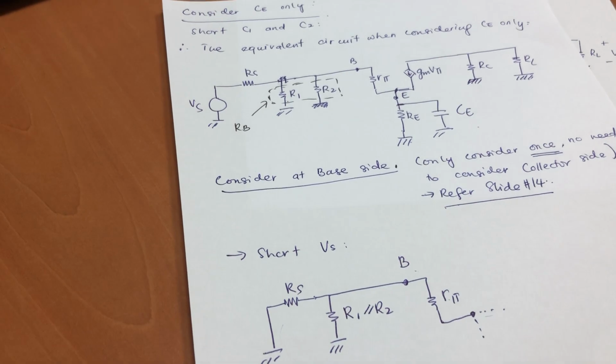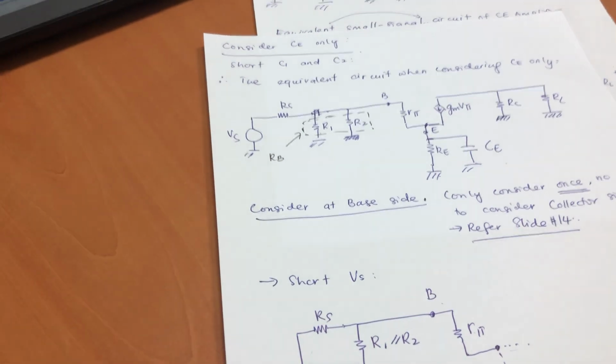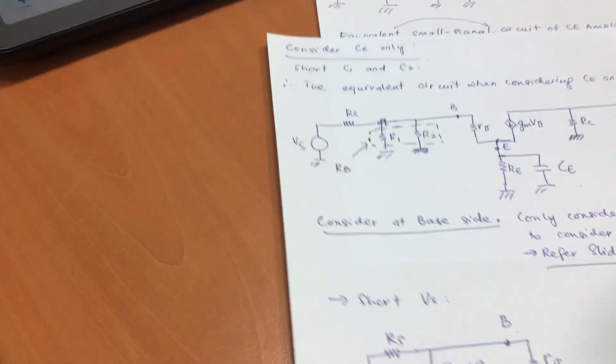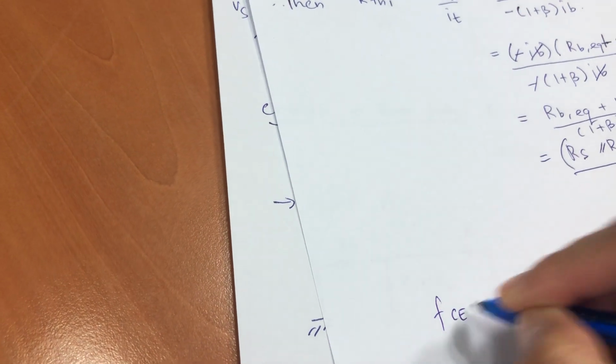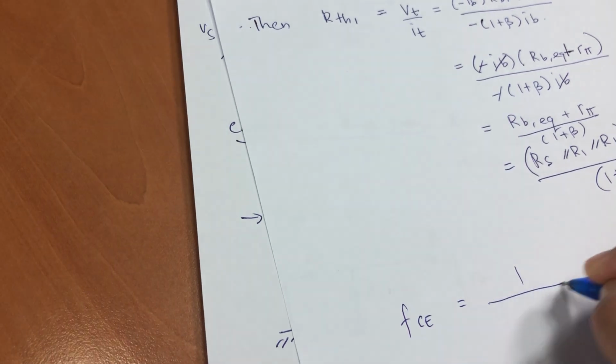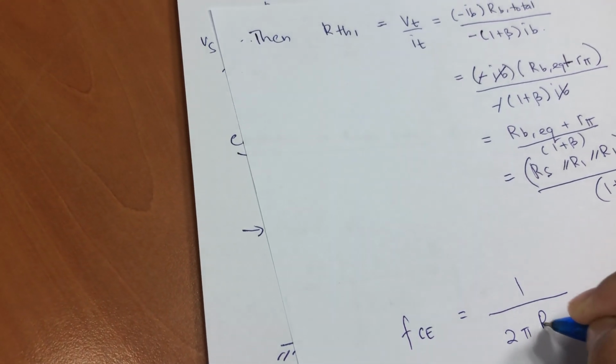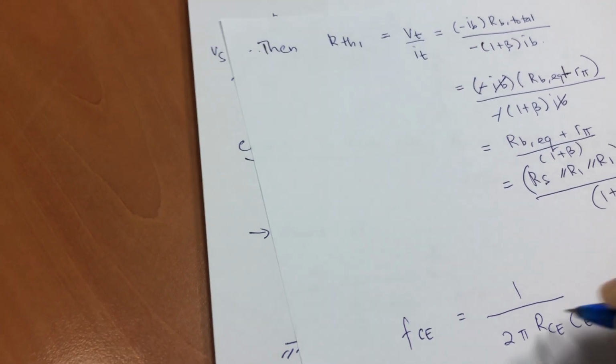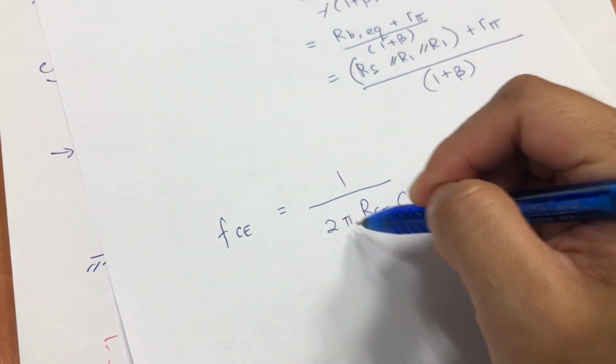So we are looking for FCE, which equals 1 over 2 pi RCE CE. So we are targeting to find the RCE here.